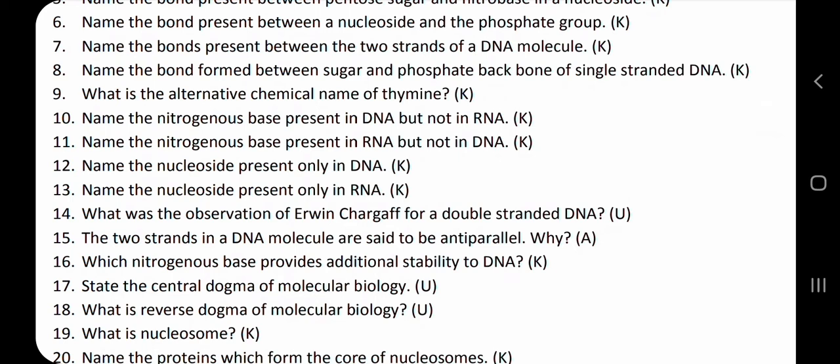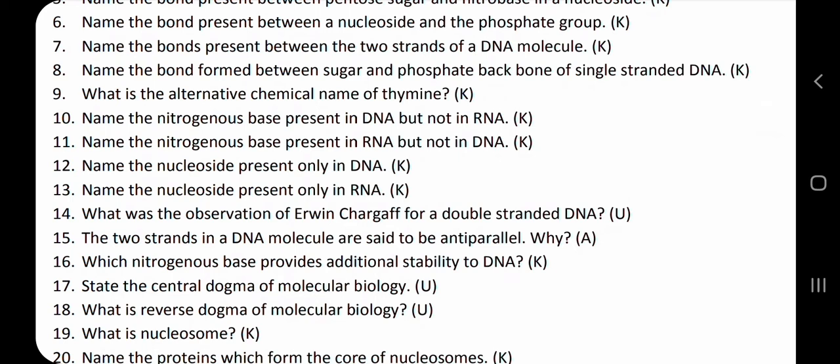You all know that DNA is more stable compared to RNA. Why is it more stable? Because of the presence of thymine only in the DNA, whereas in RNA no thymine is present. Instead of thymine, there is uracil.